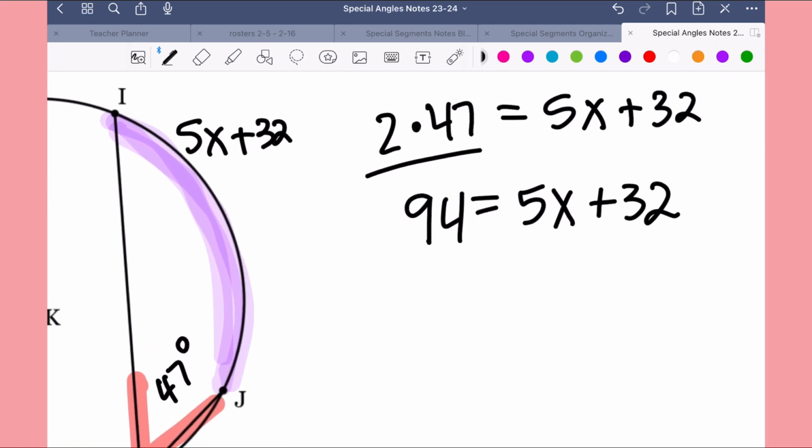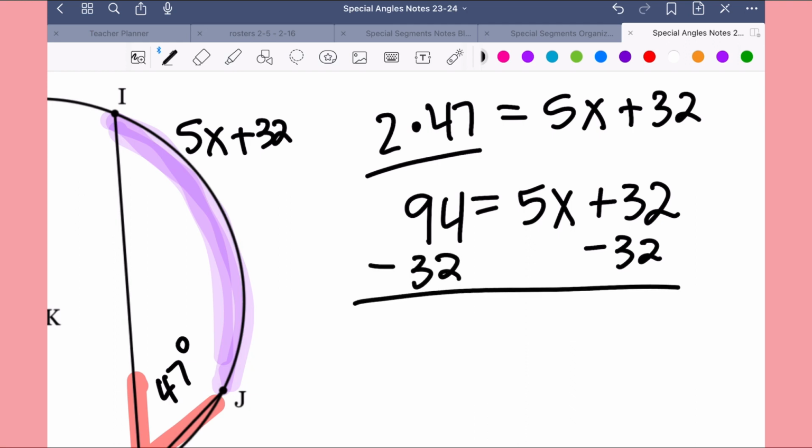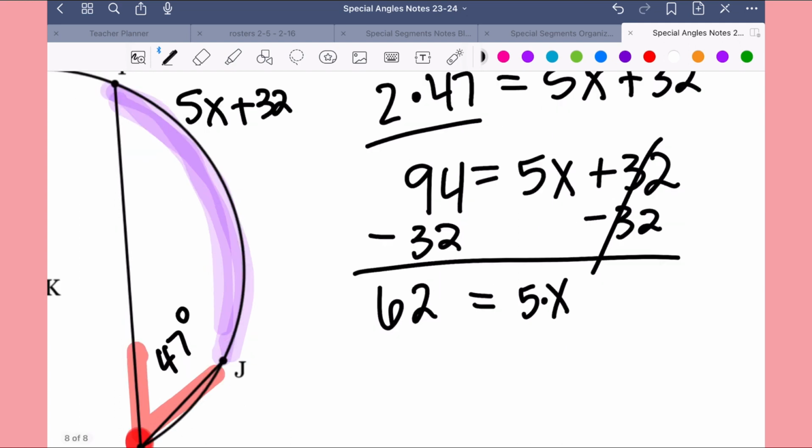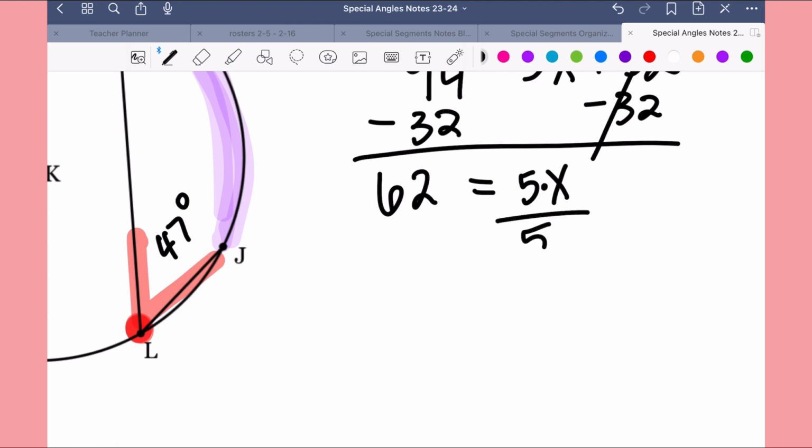How do you cancel addition? Subtraction. That unwraps the 32, and I'm left with 94 minus 32 on this side, 62. And last step, how do you cancel multiplication? Division. Cancel the 5s.